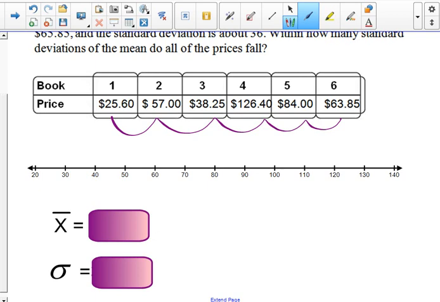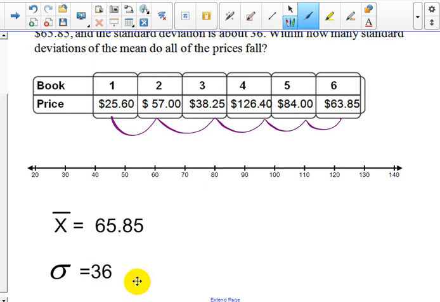It says my x bar is what? 65.85, correct. And then your sigma is 32.8. Whoops, why do I have 36? That's wrong. Or did I do something wrong? Let me double check the answer key.